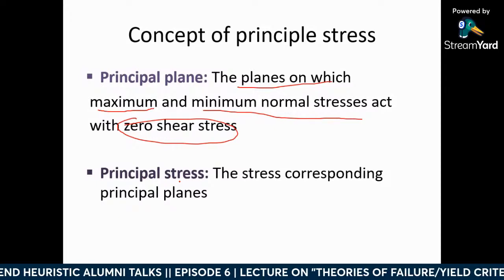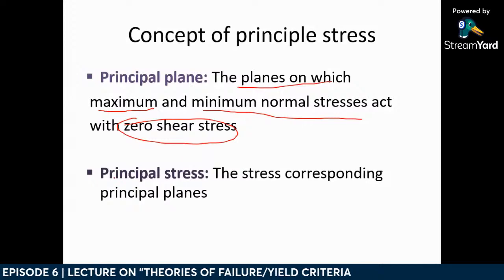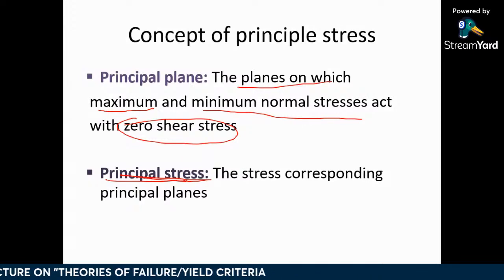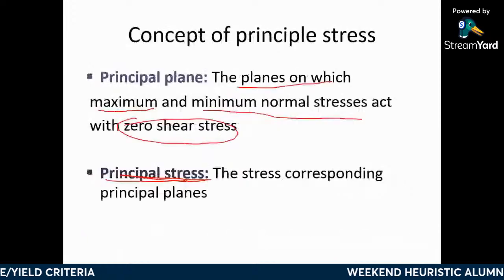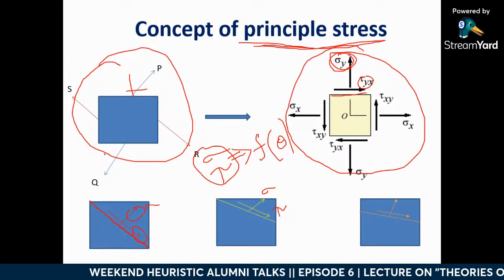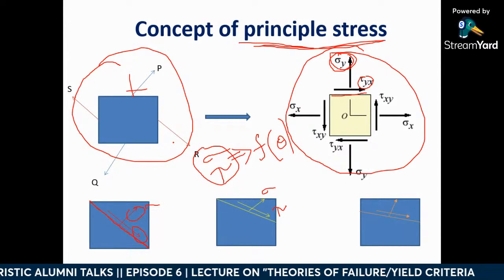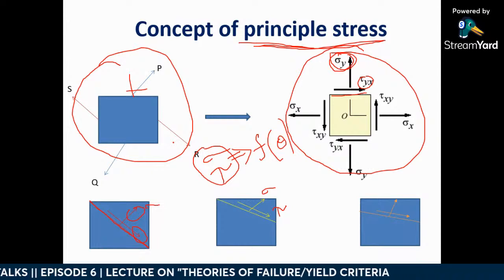So what is the principal stress? Obviously the corresponding maximum and minimum normal stresses we call principal stresses. Clear? Is this fine? So this is your object and you are applying stress. This PQRS we are splitting into different magnitudes of normal and shear components within this object.